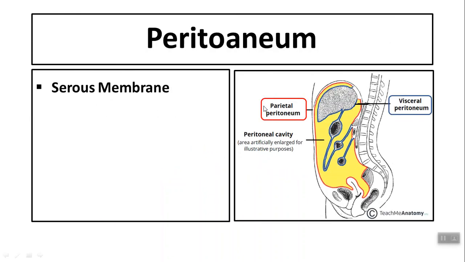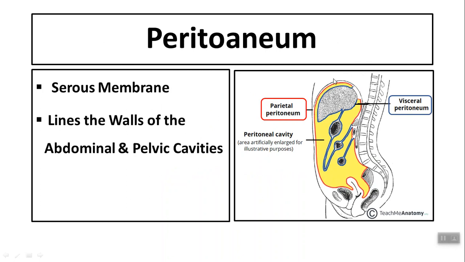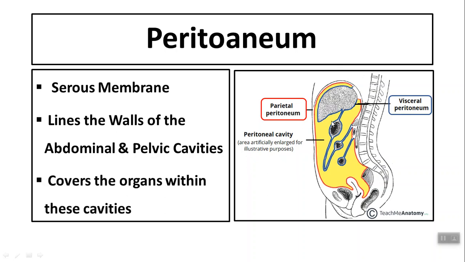The peritoneum is a serous membrane that lines the walls of the abdominal and pelvic cavities. That appears here in red color. It also covers or clothes the abdominal organs, the organs within these cavities.